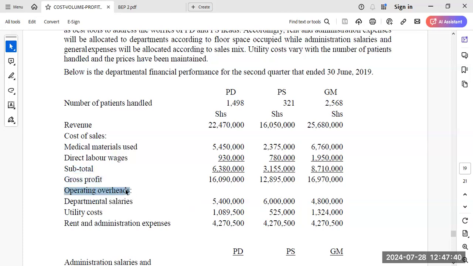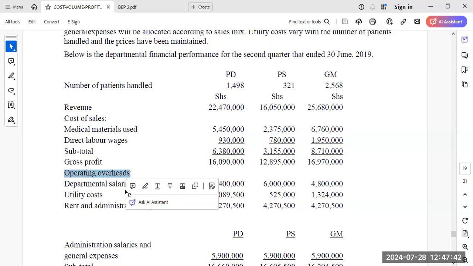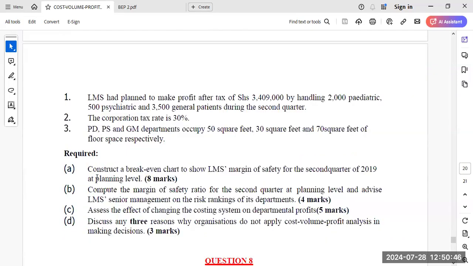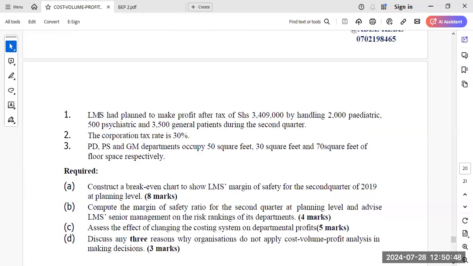You have operating overheads. Here, this rent and administration expenses is different from administration salaries and general expenses. They are very different. It is also different from this one. This is a separate item. Okay, we have additional information.